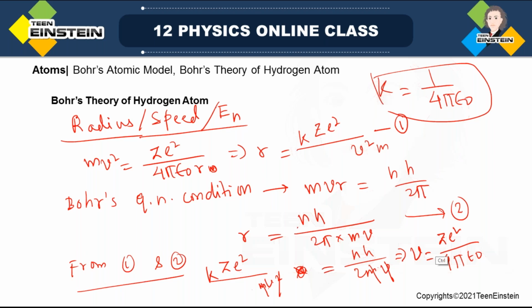So we get v is equal to k z square by nh, and obviously here was 2, so 2 can be multiplied here: 2k z square by nh.